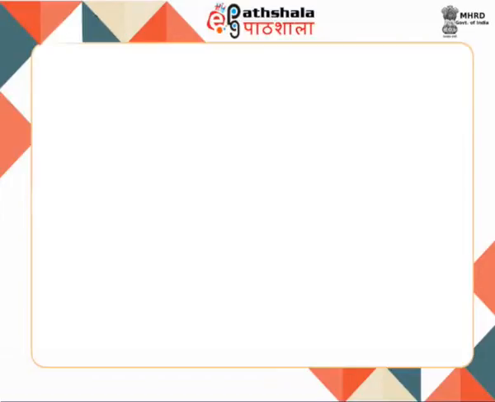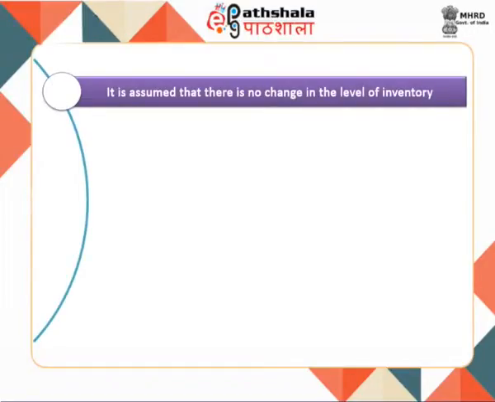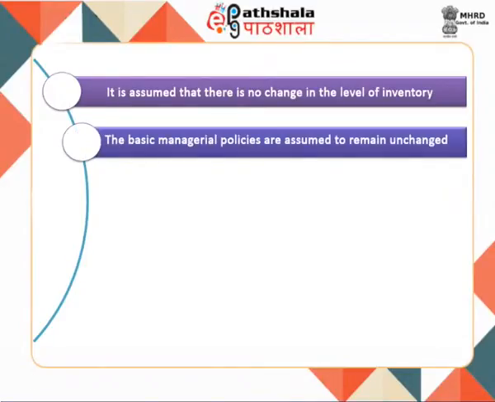Number 5, it is assumed that there is no change in the level of inventory. The number of units of sales will coincide with the number of units of production so that inventory may remain constant. Number 6, the basic managerial policies are assumed to remain unchanged.